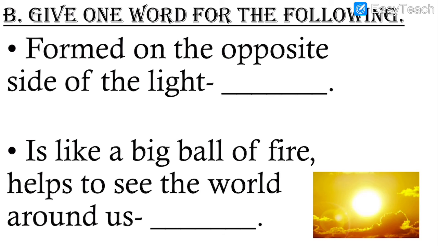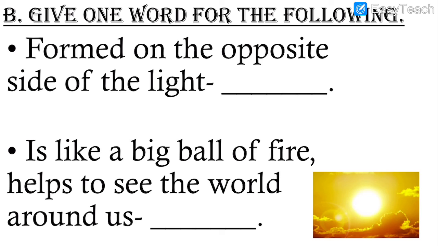Question 2. Give one word for the following. Now we have GOW, like you have in English, we also have in science. Give one word for the sentence. Number 1. Formed on the opposite side of the light. Which is that thing which is formed on the opposite side of the light?